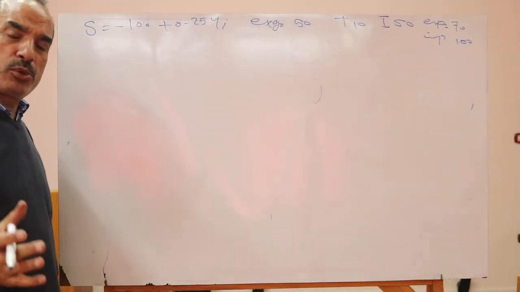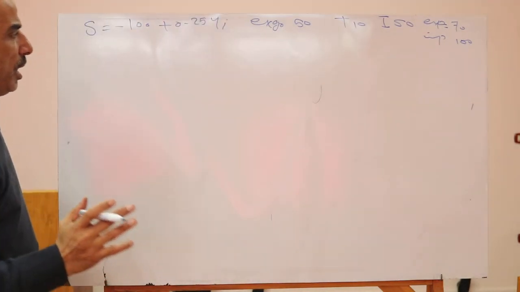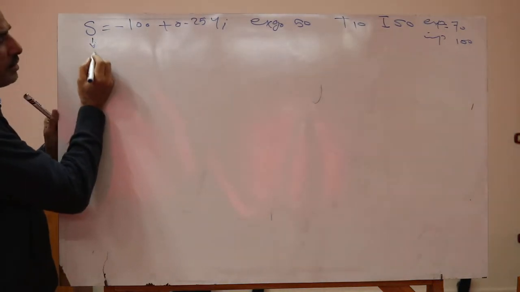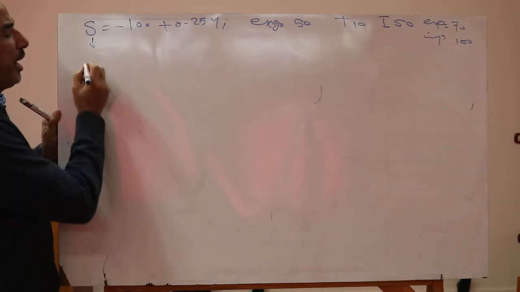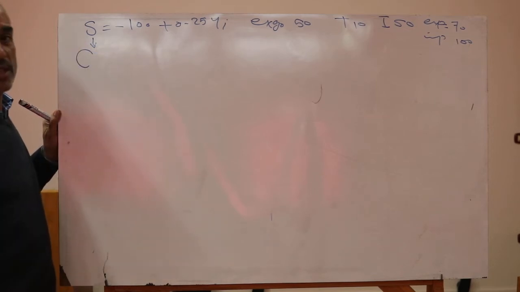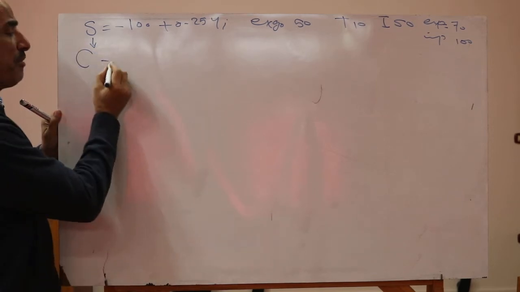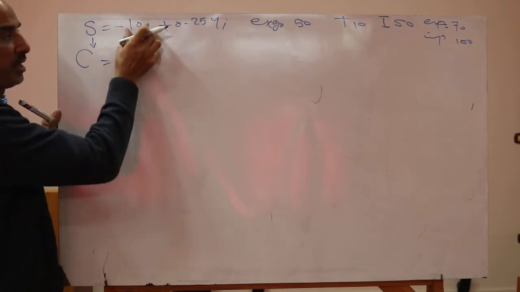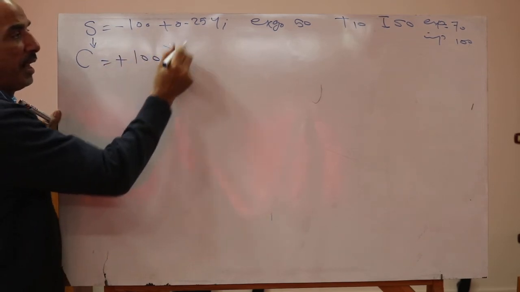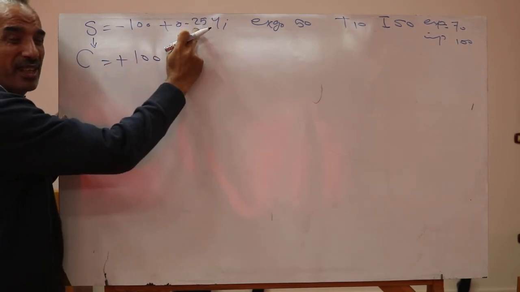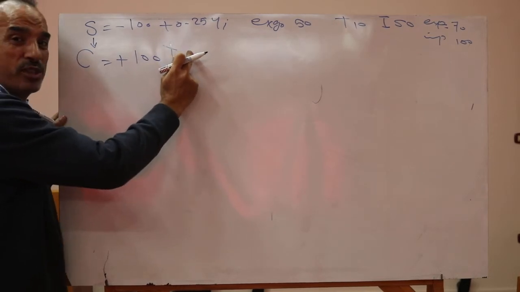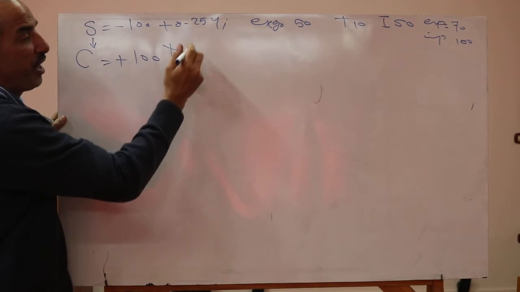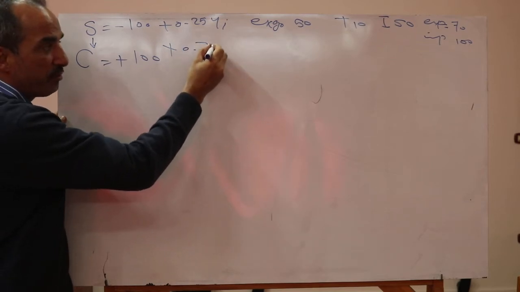What is the equilibrium position? Number one, we must make the consumption function. The consumption function constant is negative, it must be positive 100. The marginal propensity of saving and the marginal propensity of consumption must equal 1. This is 0.25, and this is 0.75.